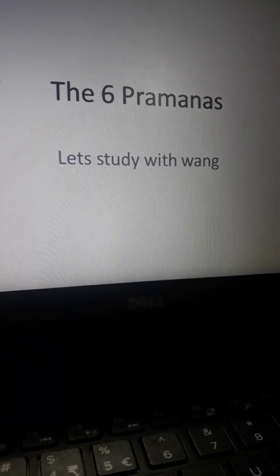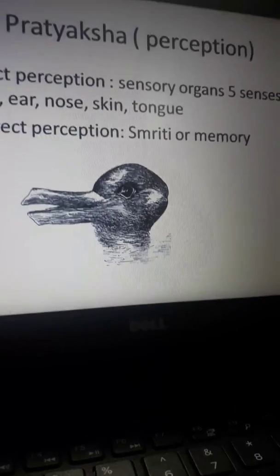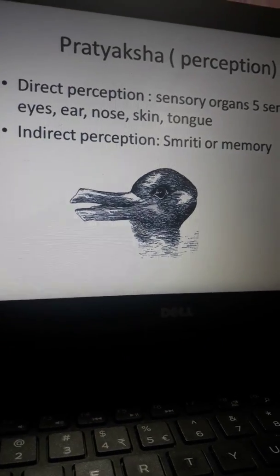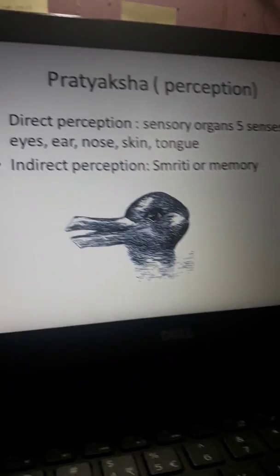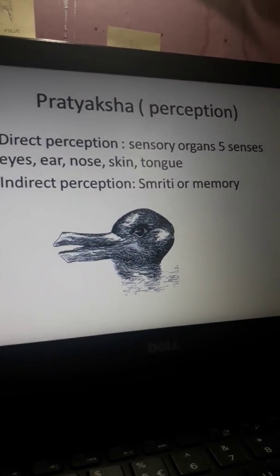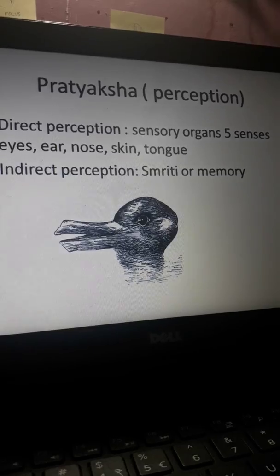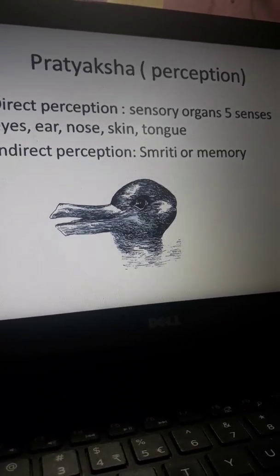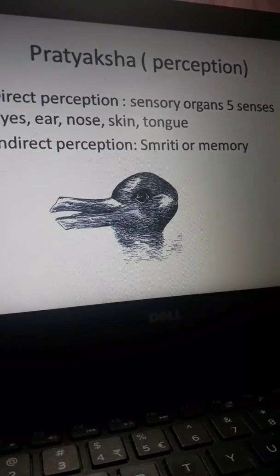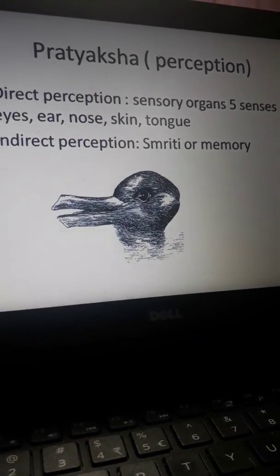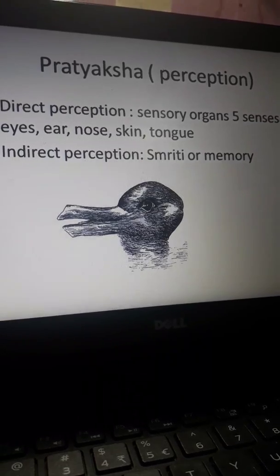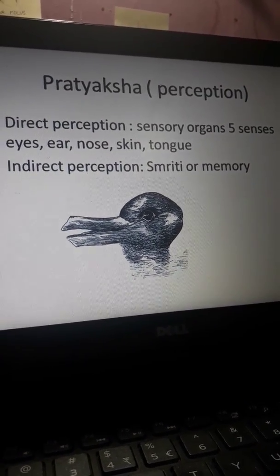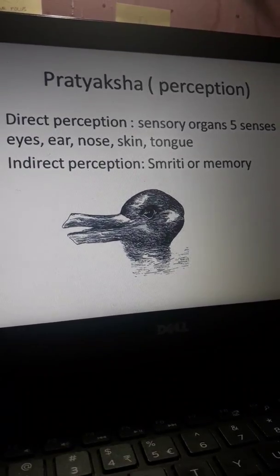So let's go with the first pramana. The first pramana is called the pratiksha. In English it's called perception. In pratiksha, the knowledge is acquired through perception, and this perception can be divided into two: direct perception and indirect perception.